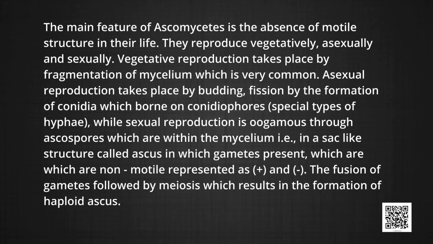Asexual reproduction takes place by budding, fission, and by the formation of conidia, which are borne on conidiophores, that is, a special type of hypha, while sexual reproduction is oogamous through ascospores, within a sac-like structure called ascus, in which the gametes present are non-motile, represented as either positive plus or negative minus.